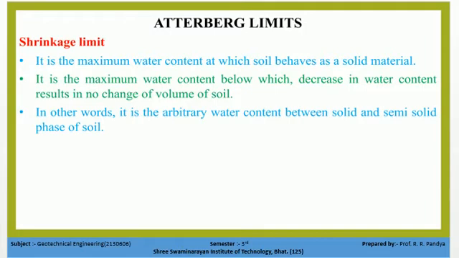In simple words, if we decrease the water further, it will not result in any change in the volume of the soil. At the shrinkage limit, the reduction of volume of soil stops. It is the arbitrary water content between the solid and semi-solid phase of soil.